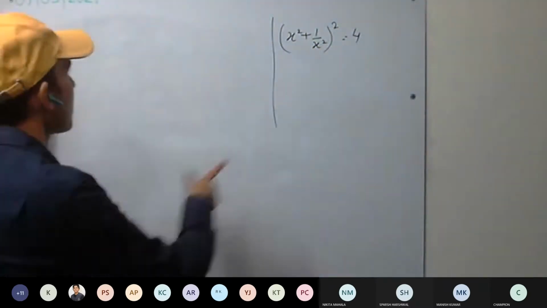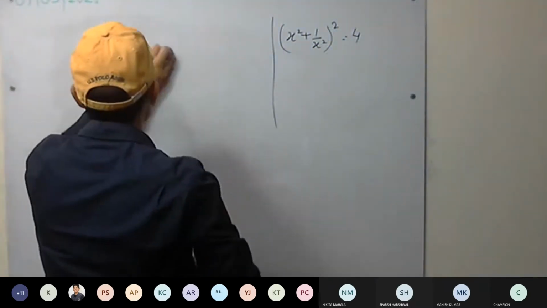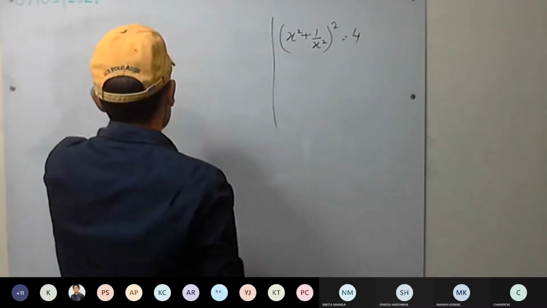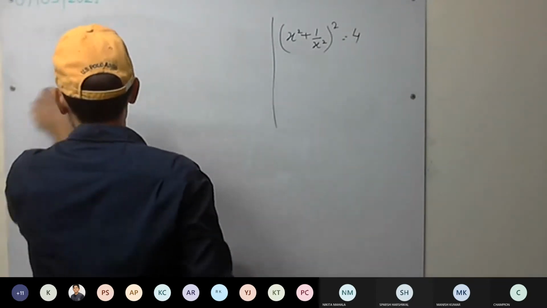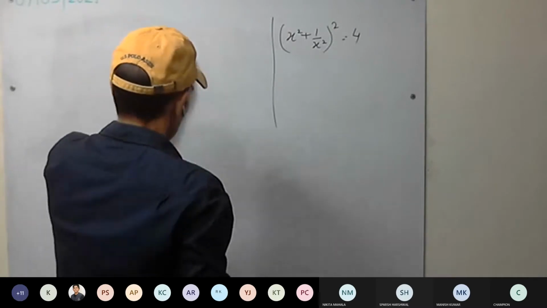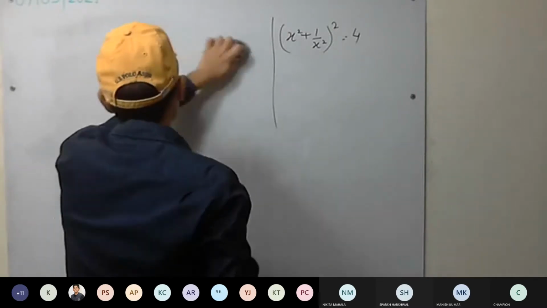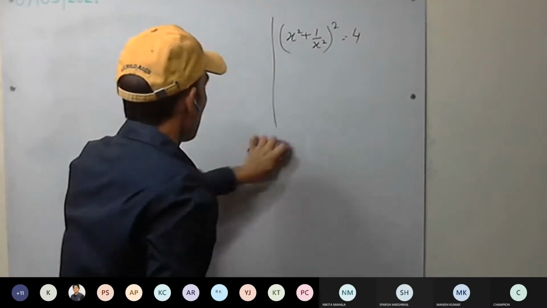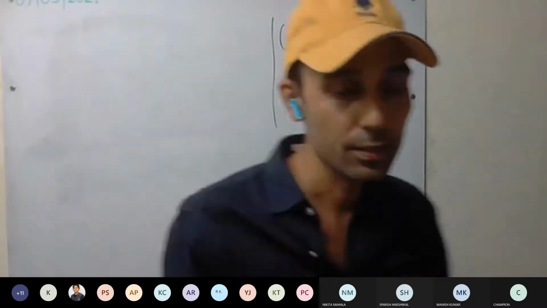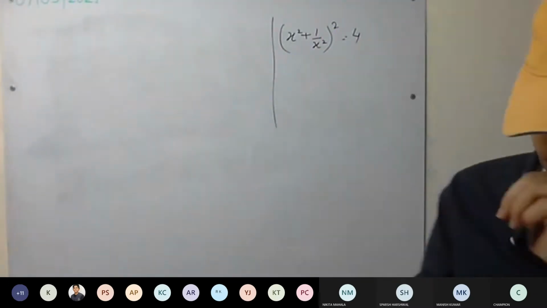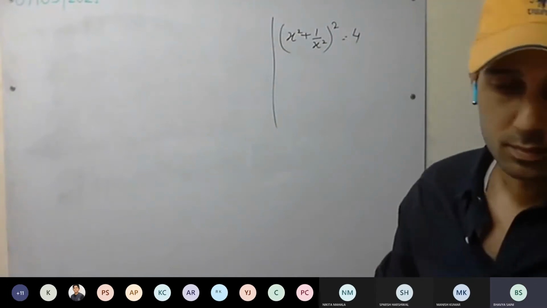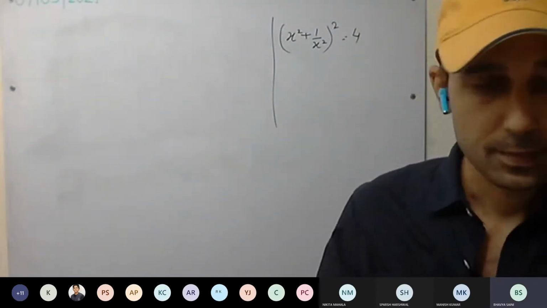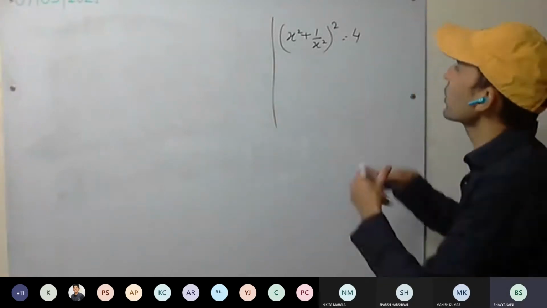Anyone who hasn't solved this one? Anyone in class? If you haven't solved, simply say yes, I haven't solved. Abdul, have you solved? Sir, yes, the value of x square plus 1 upon x square is equal to 2, not 4.